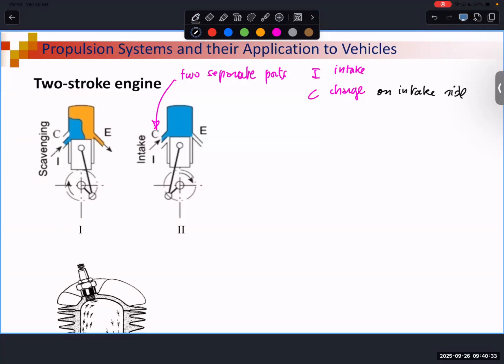And this is used to fill more fresh charge when the piston is going up and the exhaust port is already closed. So the piston is going down, we have this scavenging process. When the piston is going up, the exhaust port is closed, but maybe I don't have enough charge inside the cylinder. So I would like to continue having fresh charge inside the cylinder in order to deliver more power afterwards.